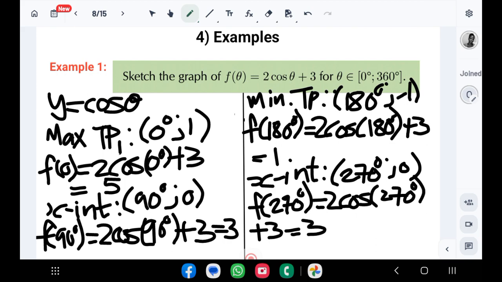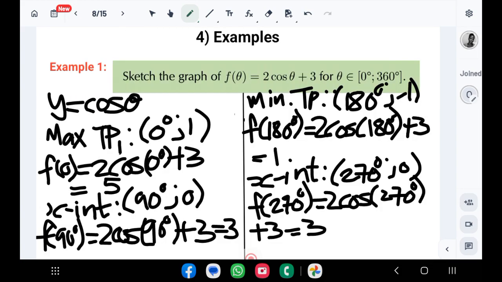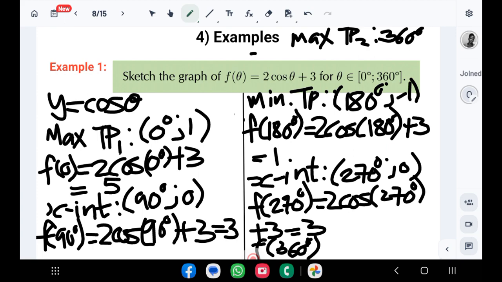And then the last one is the maximum turning point. Let me use this bit to calculate it. The second maximum TP is at 360 degrees. So we find f of 360 degrees, which will be equal to 2 cos of 360 degrees plus 3.